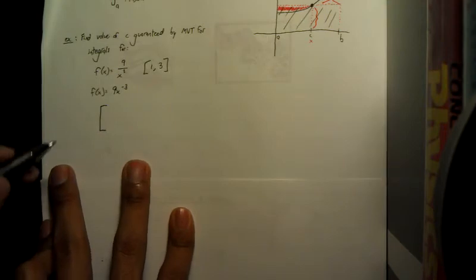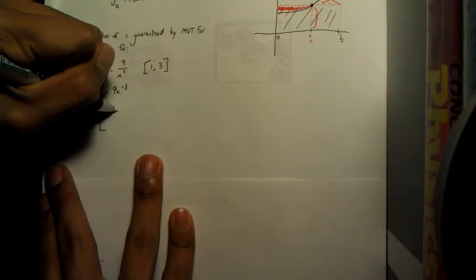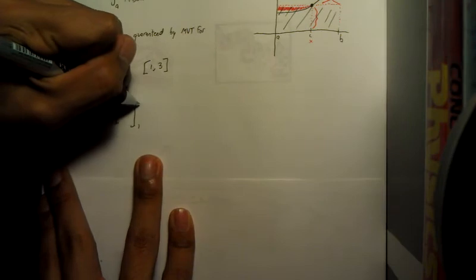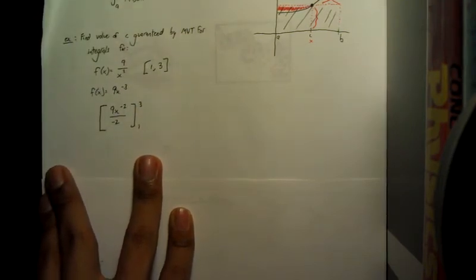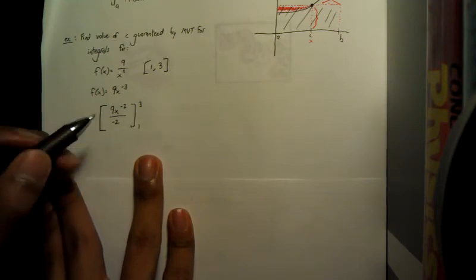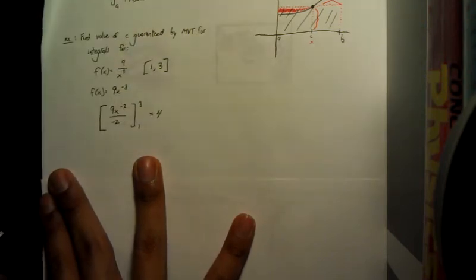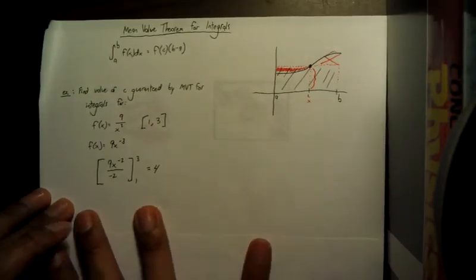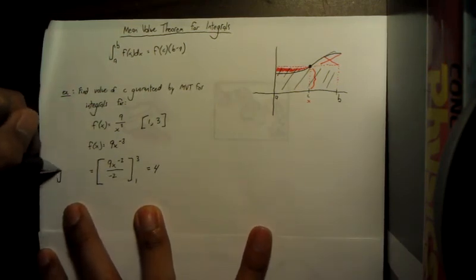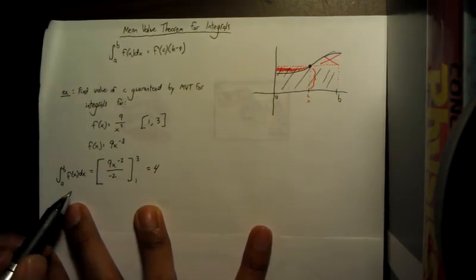Now I can do my integration with the fundamental theorem of calculus. So that's going to give me 9x to the negative second divided by negative 2, from 1 to 3. When you use the fundamental theorem of calculus on this, it's going to equal 4. And so remember that this is equal to the integral from a to b of f of x dx.